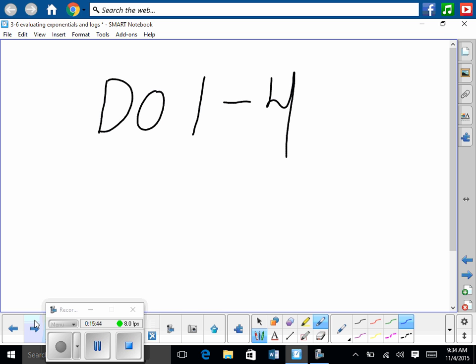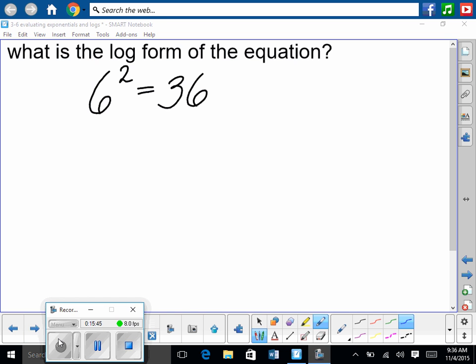Ready, set, go. So now we're going to go the other way. It says, what is the log form of this equation? So now look at the statement. It's a true statement, right? 6 squared is 36. Awesome. Now we want to know that you can rewrite this in logarithmic form, okay? So now it's base 6 raised to the second power.